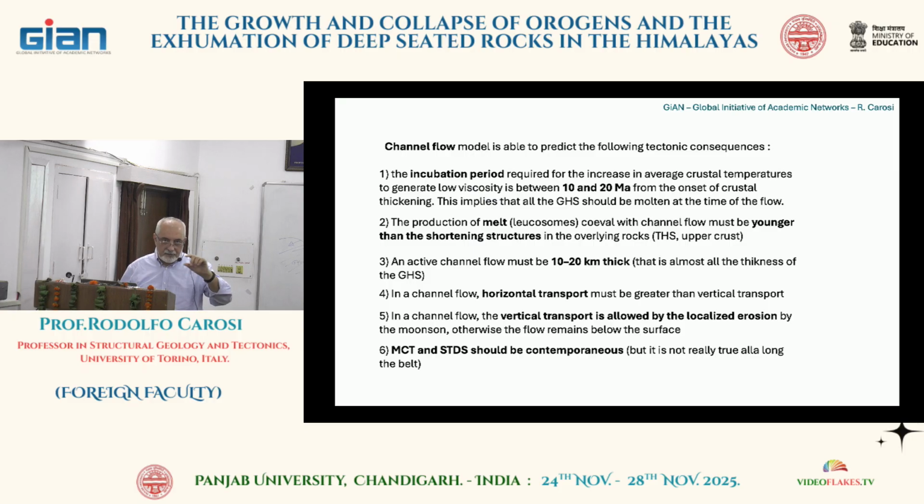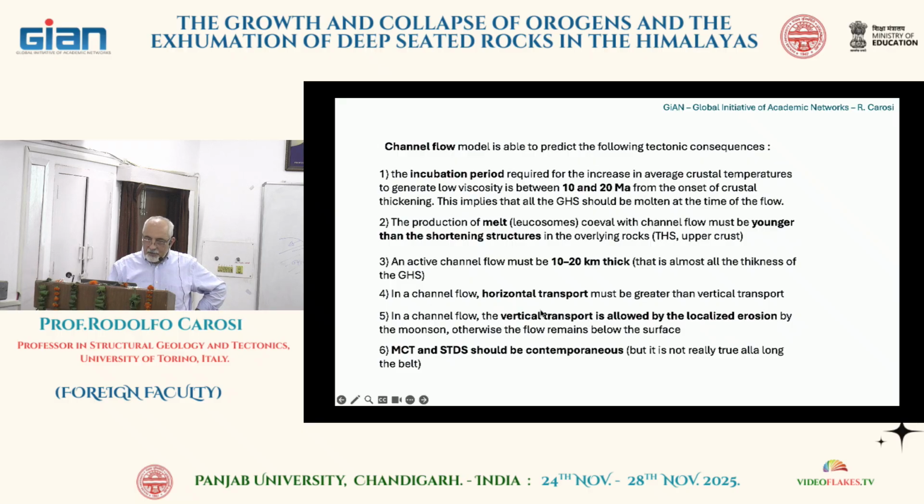Thickness changes to 4 kilometers, maybe 13 kilometers in Bhutan. So not in every section are there the conditions to produce the channel flow. The channel flow would have horizontal transport bigger than the vertical one. So it is difficult to explain the production of eclogites that needs large depth. It is a problem.